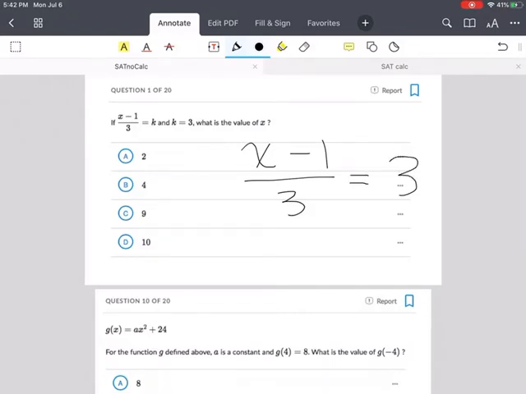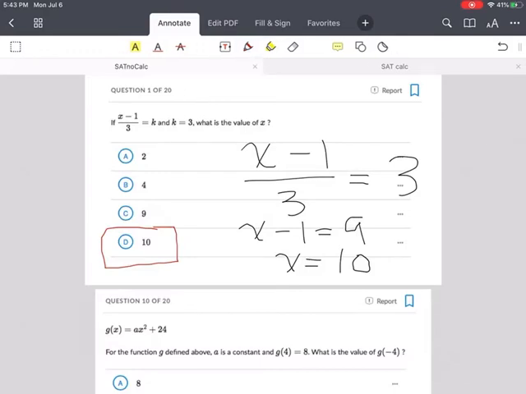We're going to multiply both sides by 3, so we get x minus 1 equals 9. Add 1 to both sides, and we get x equals 10. So our final answer is going to be D, where x equals 10. Next question.